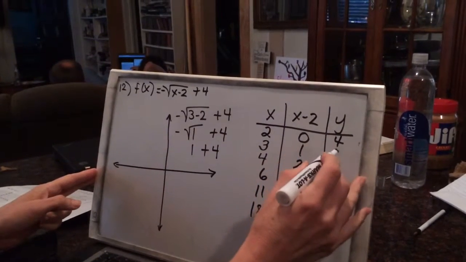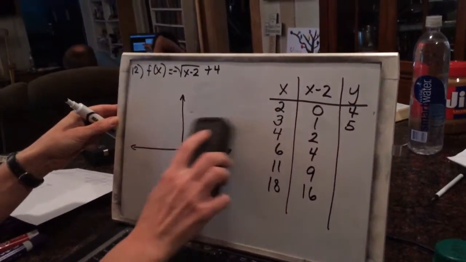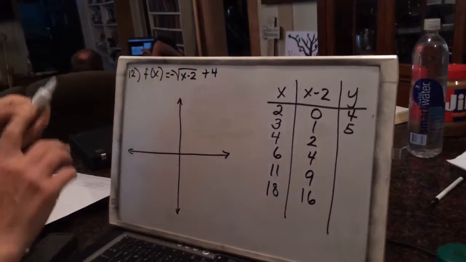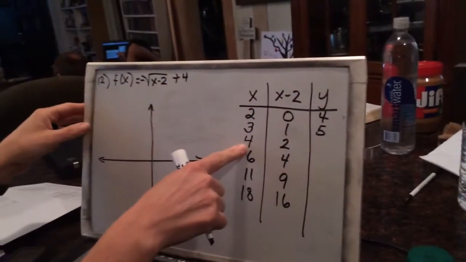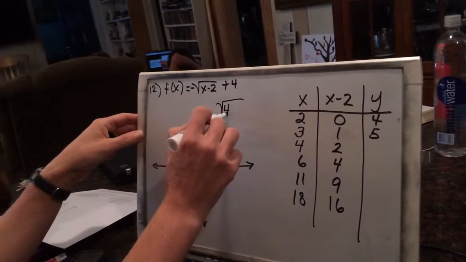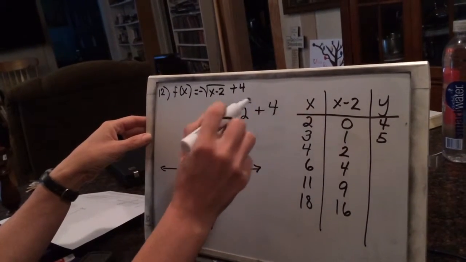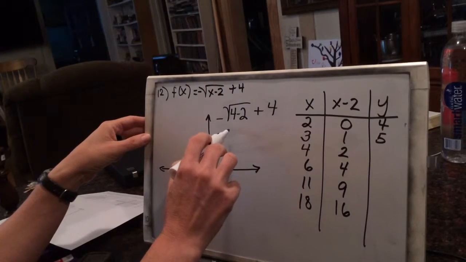And our next y value is going to be 5. One more just to make sure you understand what we're doing. Our next x value is 4. So we're going to take the negative of the square root of 4 minus 2. We're going to add 4 to that. So it's the negative.